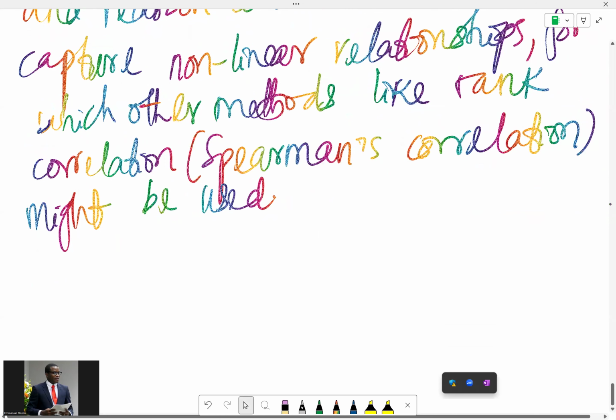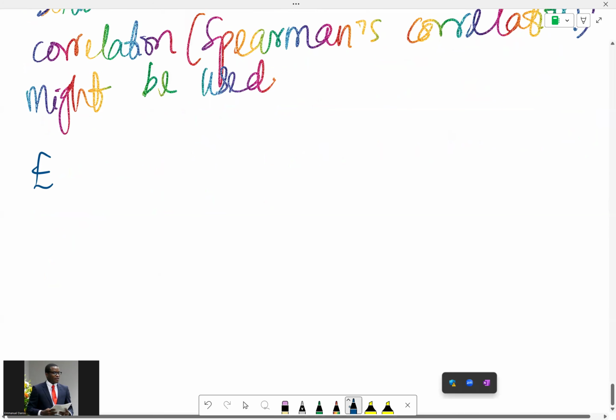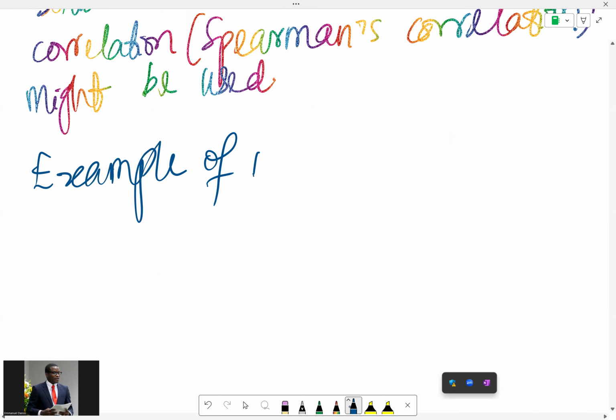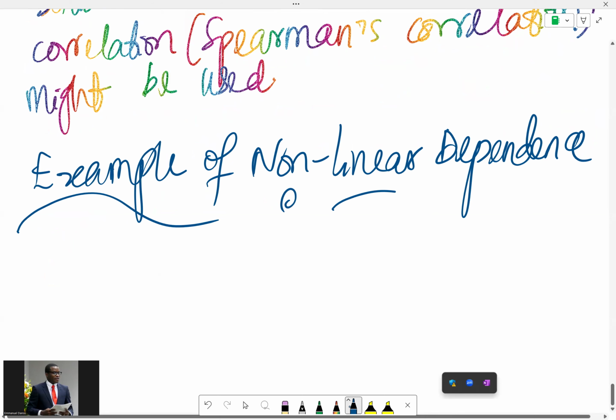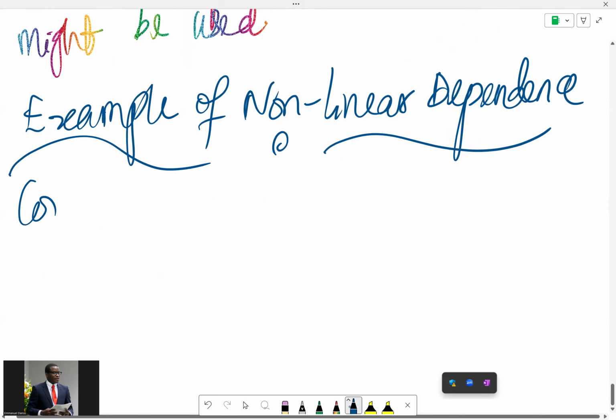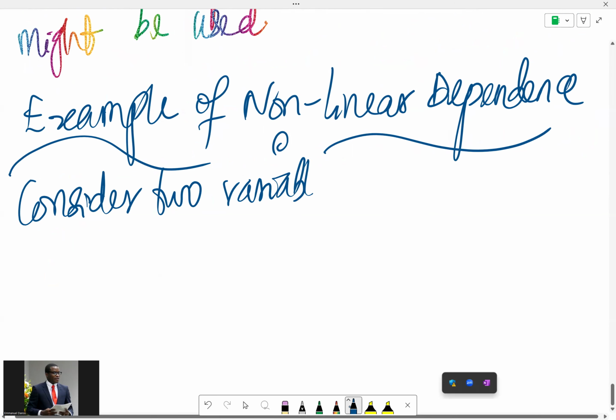So let's talk about an example. Example of nonlinear dependence. Consider two variables, x and then y is equal to x squared.